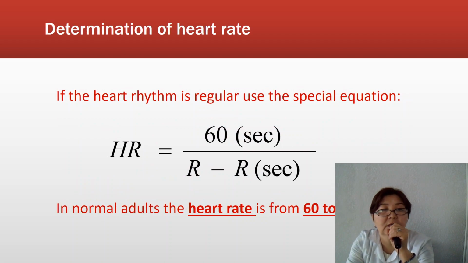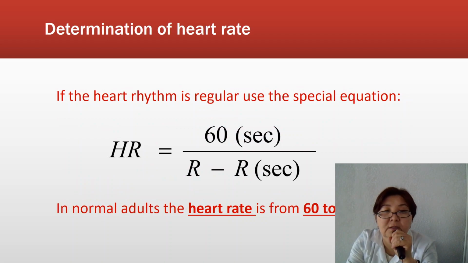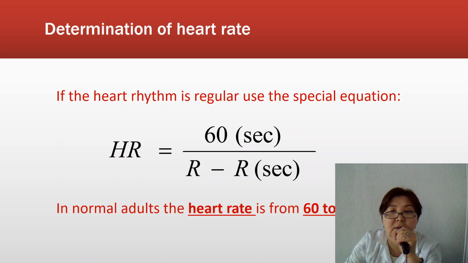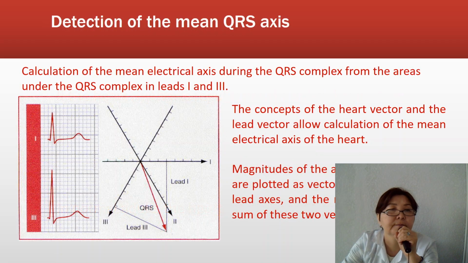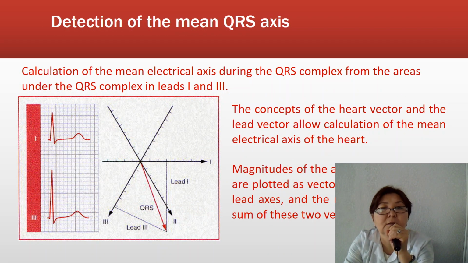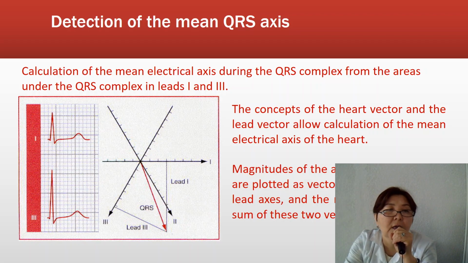Determination of heart rate. If the heart rhythm is regular, use the special equation. In normal adults, the heart rate is from 60 to 90 beats per minute. Detection of the mean QRS axis. Calculation of the mean electrical axis during the QRS complex from the areas under the QRS complex in leads first and 3.